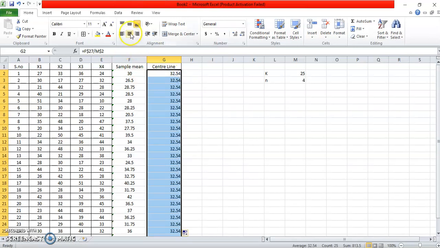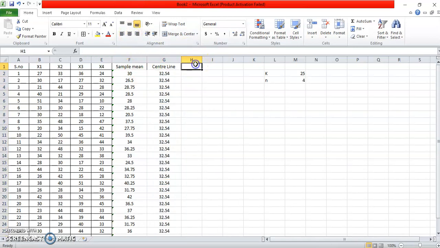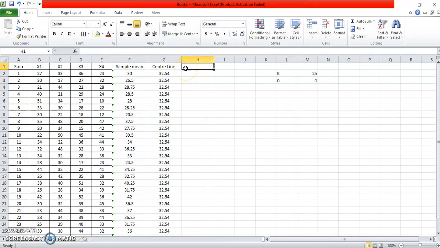Okay, after finding the central line, in this particular concept we are trying to understand how to construct an X-bar chart with the help of standard deviation. So we will find the standard deviation here, and this standard deviation is basically your SD value.